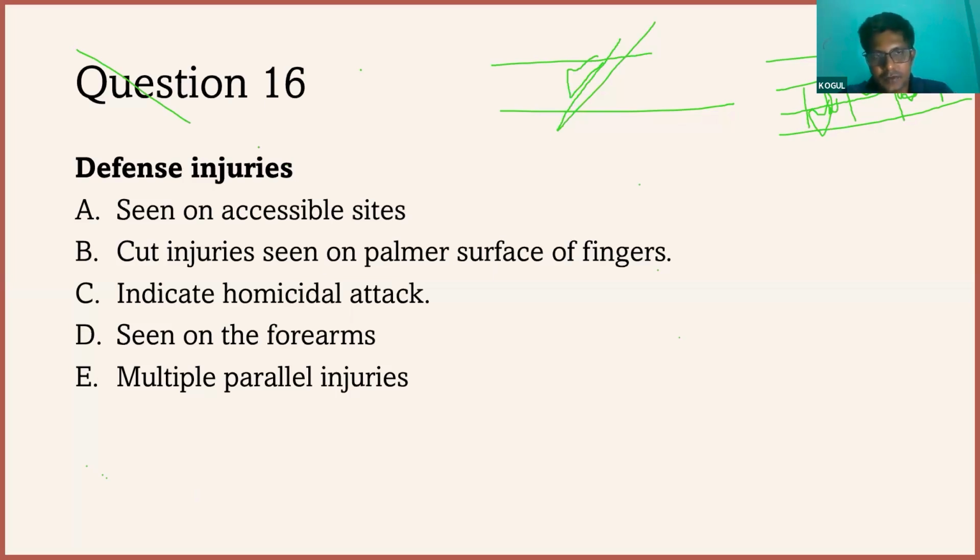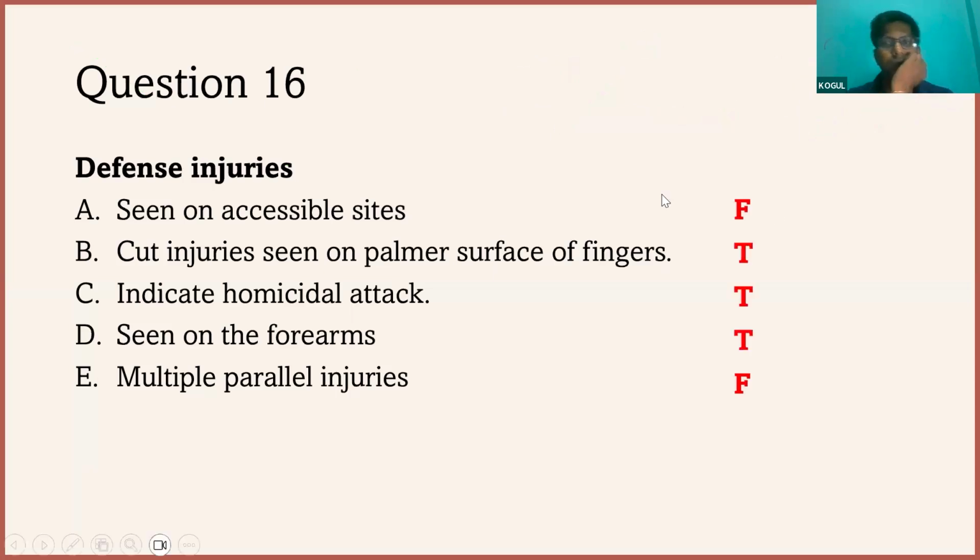They can change position, they can show the limbs, and suddenly change position. Parallel means it's organized. Someone should keep the hand steady and cut, or keep a steady position and do it. So parallel means that, and that usually occurs in self-inflicted injuries, not defense. So parallel injuries means false.